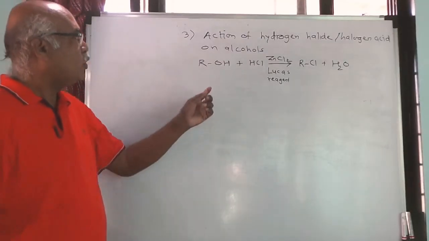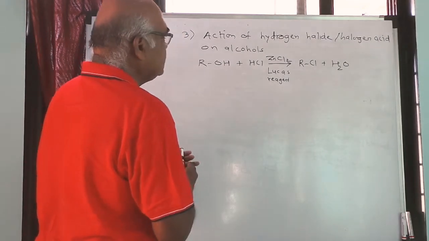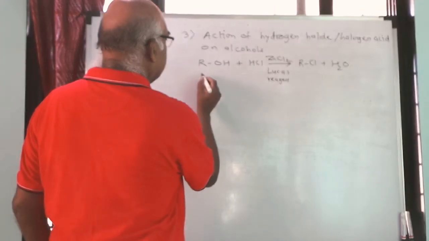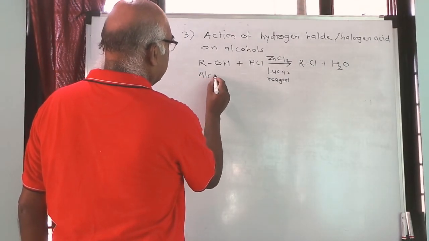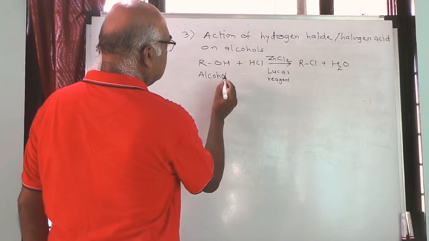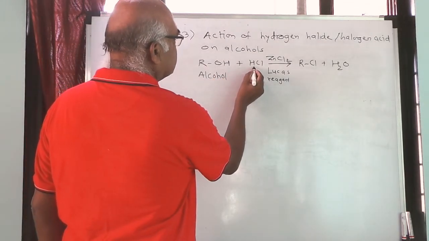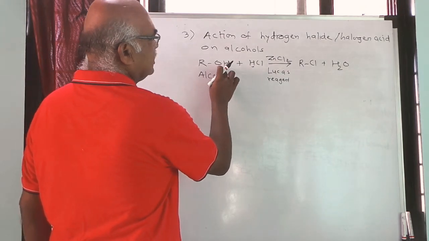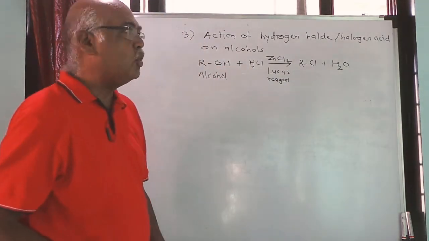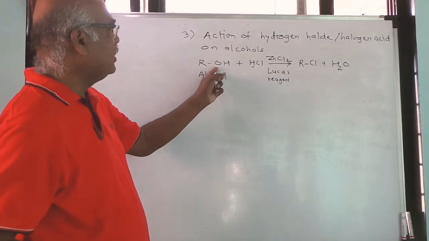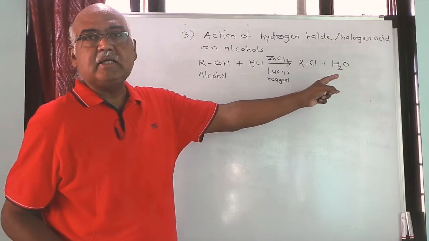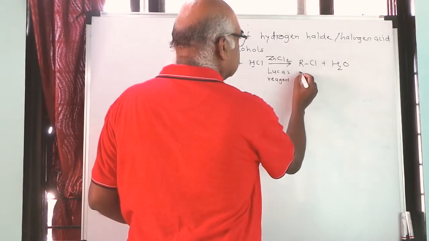So when alcohol reacts with this Lucas reagent, that is HCl and ZnCl2, what happens? You get this H and this OH is removed in the form of H2O, and this Cl is added over here, so you get RCl, that is alkyl halide, as the product.